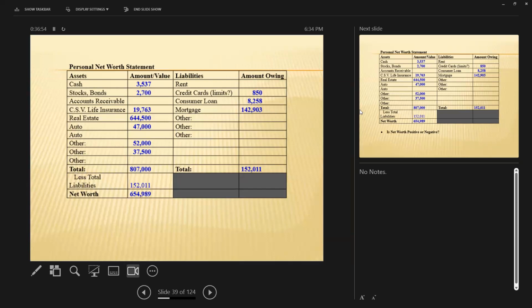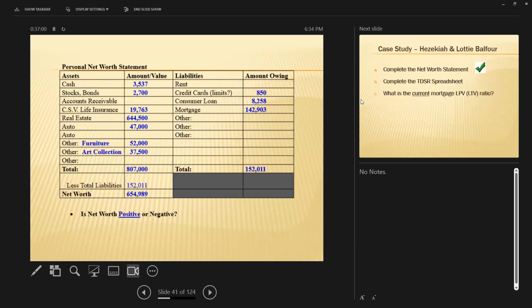Is the net worth positive or negative? Positive. Both on Zoom and in the class, it is positive.